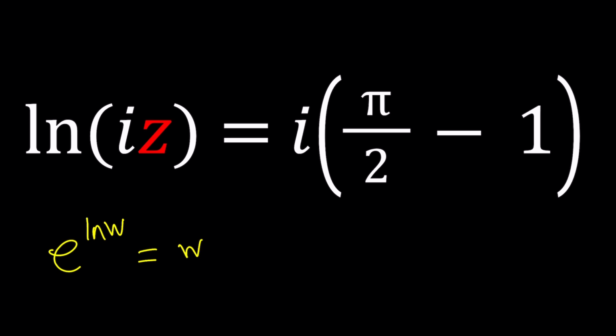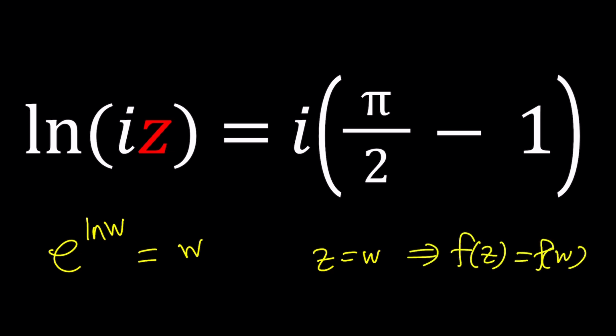If you have something like z equals w, and you apply a function, f of z should also equal f of w. It's not always the other way around, because that would imply injectivity or one-to-oneness, but this forward direction is always available or valid.